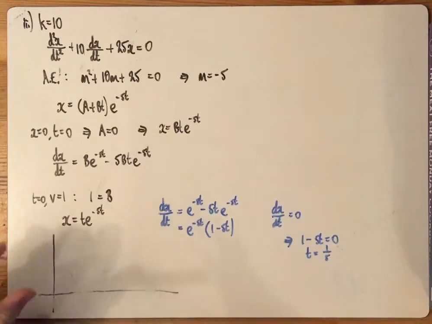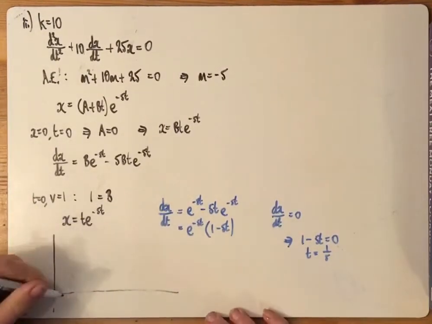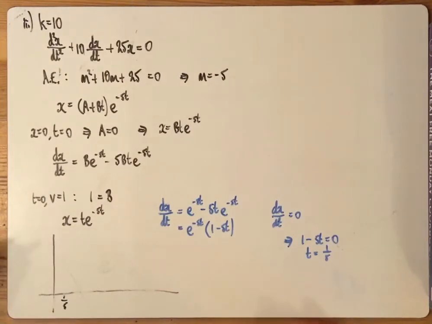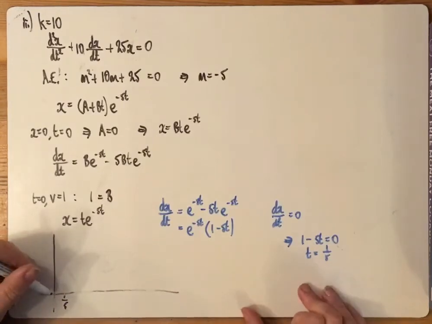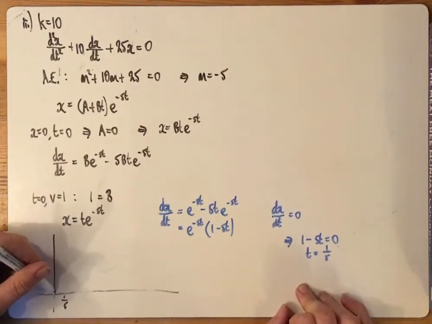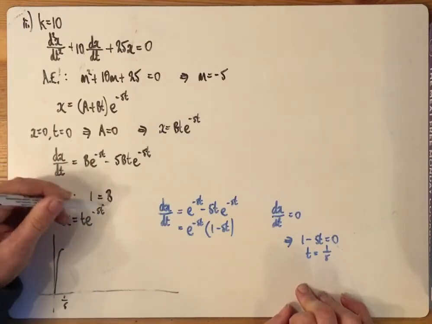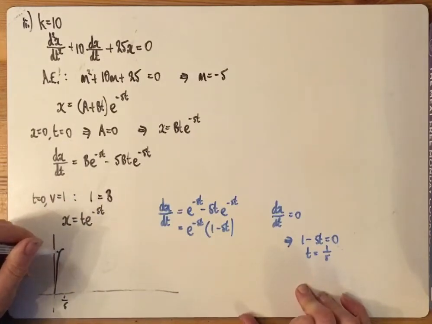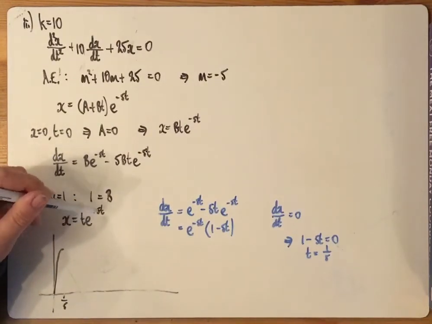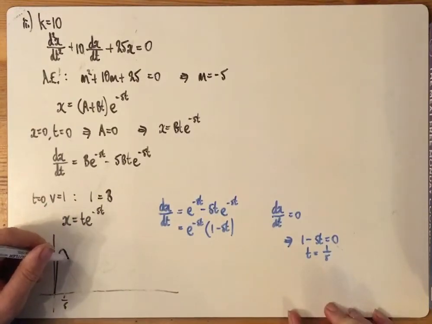You don't need to sketch these, so you're not going to be given a question to do in a sort of test condition where you need to sketch these. But when t is a fifth, I've got this maximum point, and I know when x is 0, t is 0, and there won't be any oscillations for these. So this is coming up like so to here, and then this term is basically going to take over, and as t approaches infinity, 1 over e to the 5t is going to approach 0 much quicker than t.